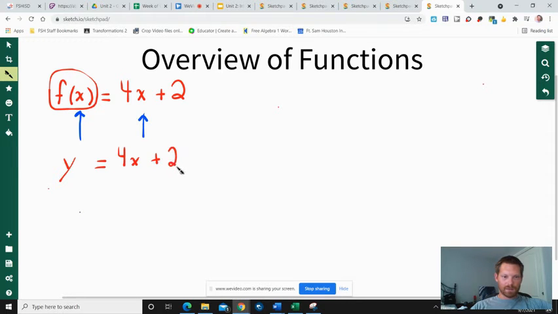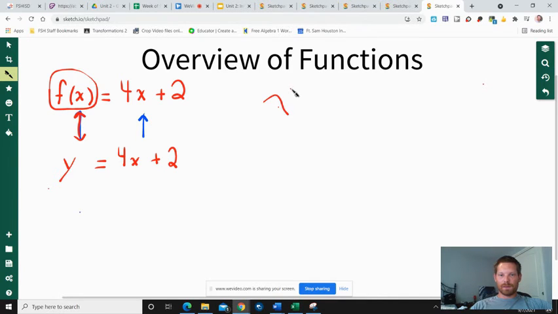Now this looks like something you've learned in the past. Now this looks like slope, right? Well, I told you before that slope winds up being a subject called linear functions in this class. And that right there is the connection. This is the connection as to how that works. f of x and y are the same thing, right?